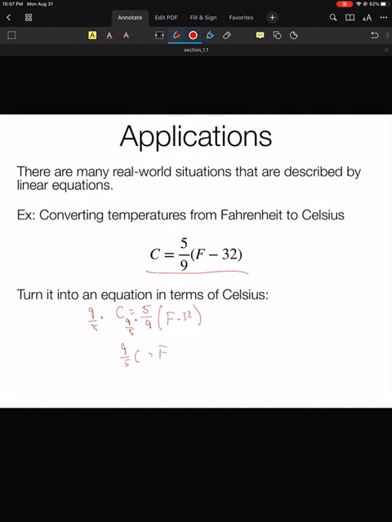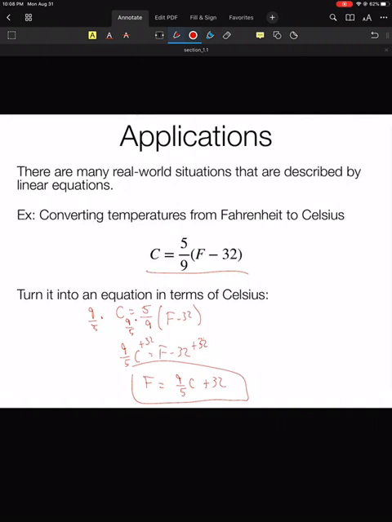And so I get 9/5 Celsius equals F minus 32. And so to solve for F, I add 32 to both sides, and I get F is equal to 9/5 Celsius plus 32.